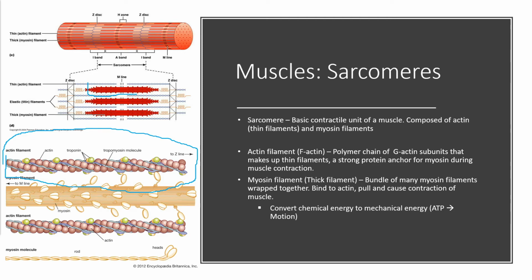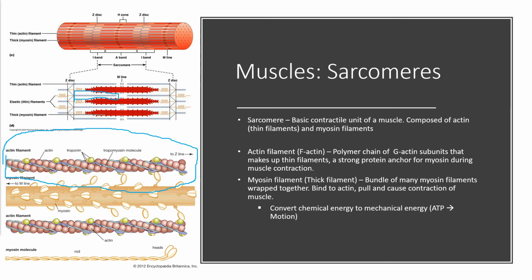Let's go ahead and erase that because that's actually not actin, that's myosin. So you see the little actin filaments right there on this sarcomere unit. The second important protein is myosin.